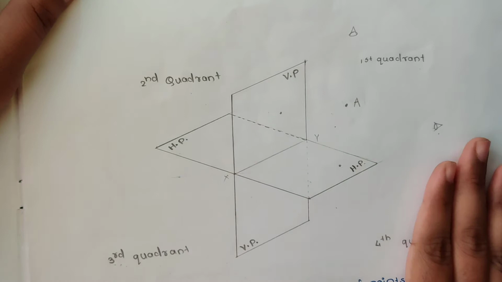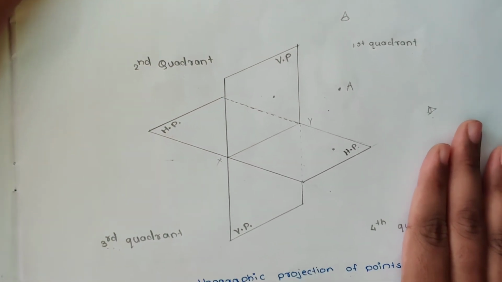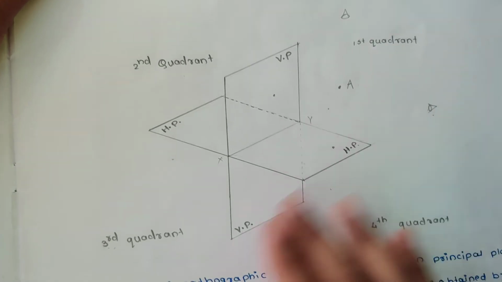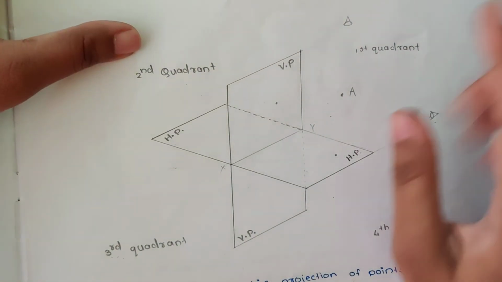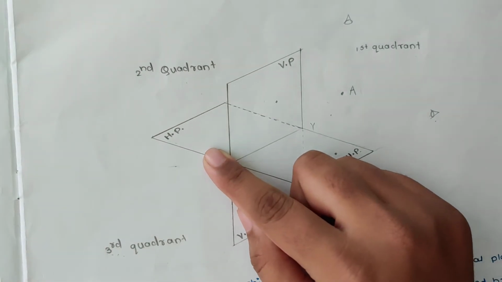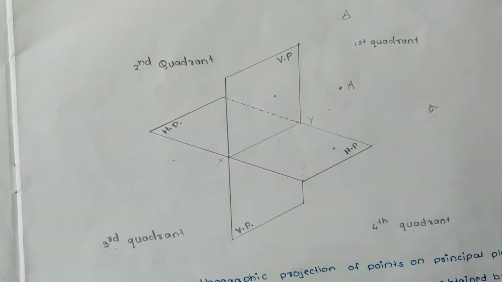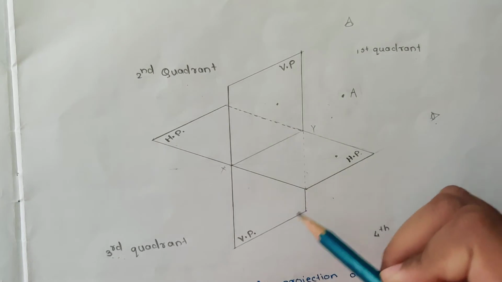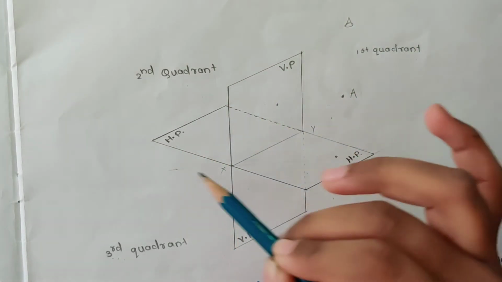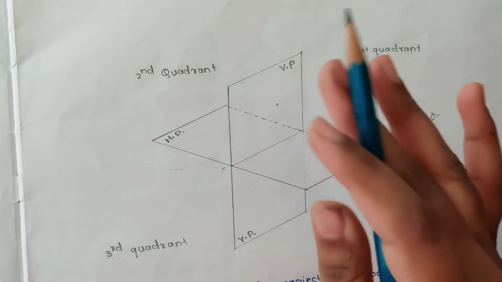Here you can see a drawing of the principal planes, that is VP and HP. VP means vertical plane, and HP means horizontal plane.